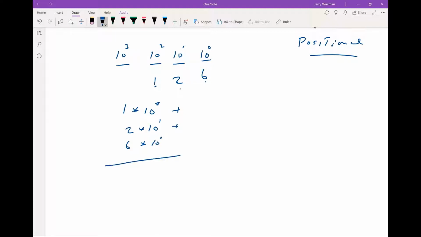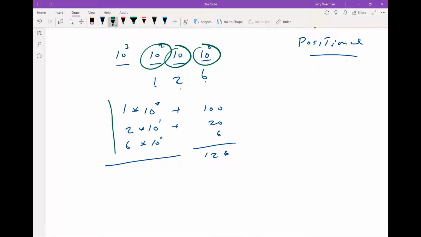This gives me 100, this gives me 20, and this gives me 6. When we add them up, I get 126. That's the way this works, and that's what a positional number system means. The representation takes the digits of the number themselves and multiplies them by the positional value to get the actual value. This is true in any base.